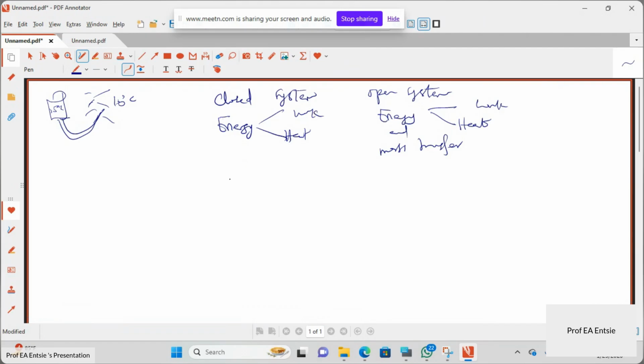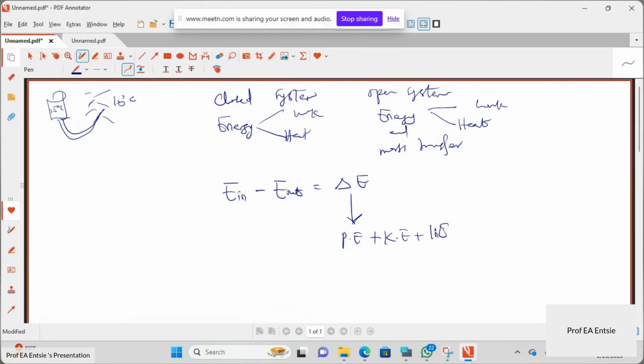Work. So what we are saying in this first law is that the energy input, the energy we put into a system, minus the energy the system loses, should equal the change in the total energy of the system. And this total energy is, as I told you, PE plus KE plus what?